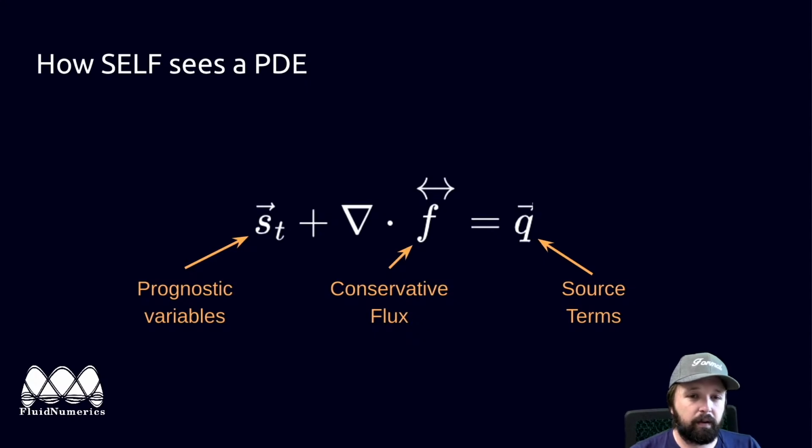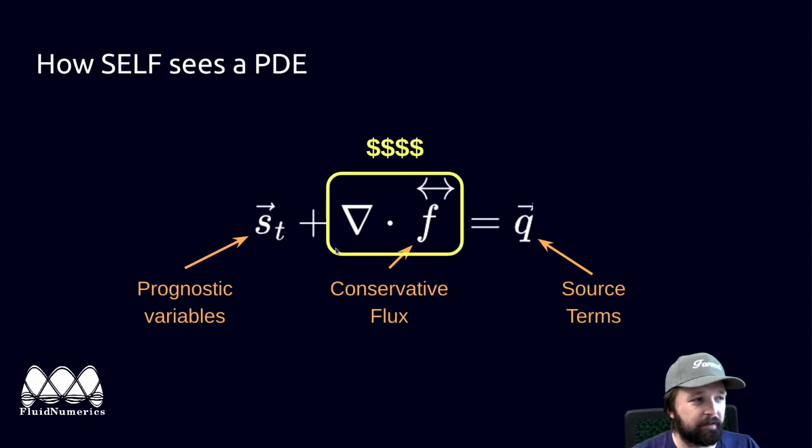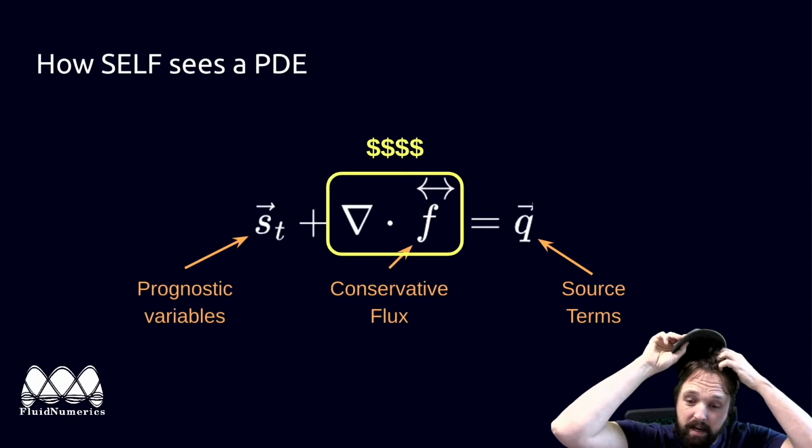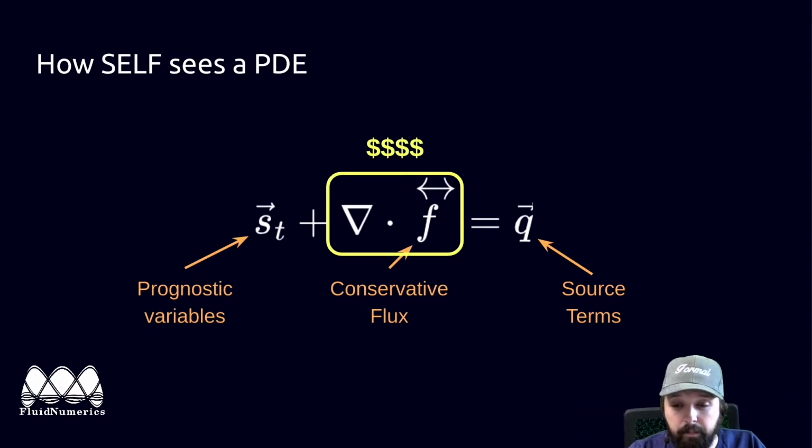Under the hood, the conservative flux and the divergence of that flux is really where all the work goes, doing calculus operations on unstructured grids. This, surprise, surprise, is the most expensive part. If you're doing hyperbolic systems where the flux depends on the solution, that's one level of expense. If you're doing parabolic problems where the flux depends on the gradients of the solutions, that's even more expensive because now you have to do gradients and the divergence.